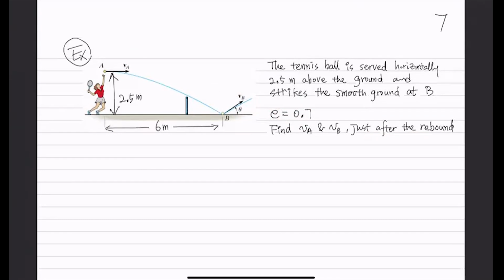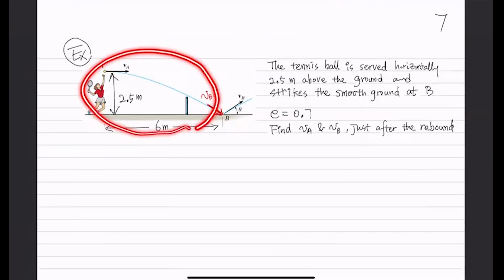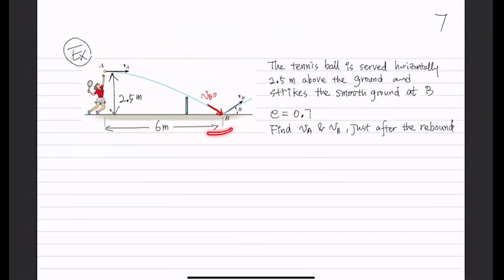So first, if you're not interested in this velocity VB, we can think about this problem as a two-part thing. There is going to be a velocity that hits the ground, and let's call that VB0. And if you just focus on this part, there's an angled impact, right?